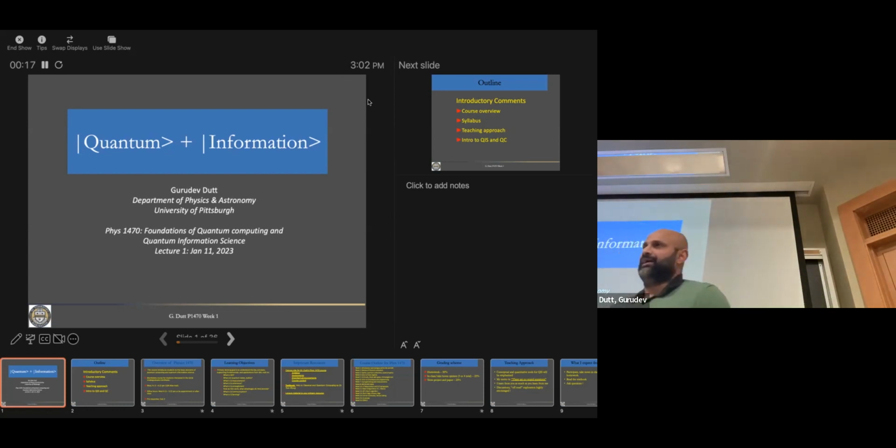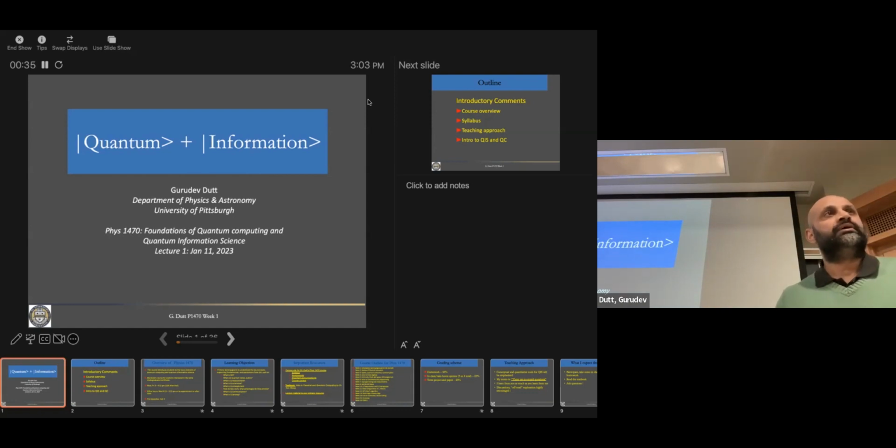Okay. Hi, everyone. So welcome back to campus. And I'm your instructor, Gurudev Dutt, for this course, 1470, Foundations of Quantum Computing and Quantum Information Science. So this is the very first time that this course is being offered by our department.